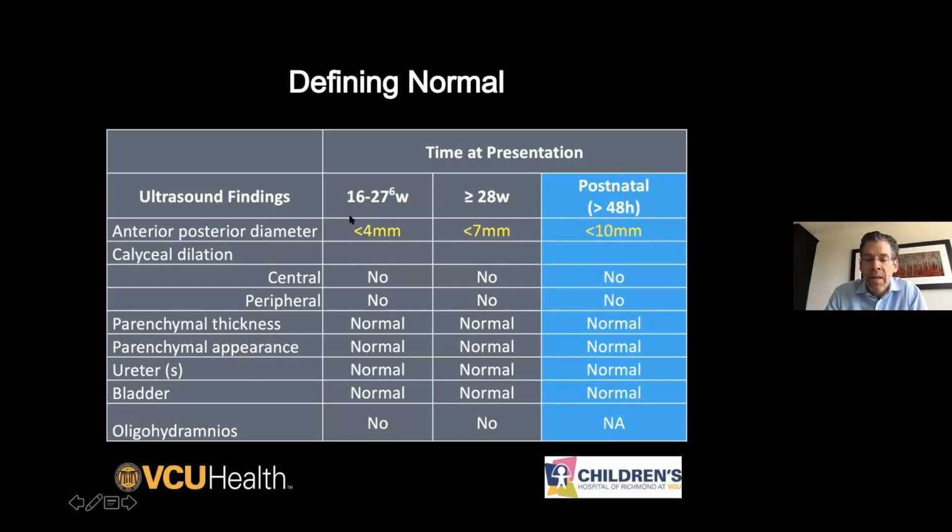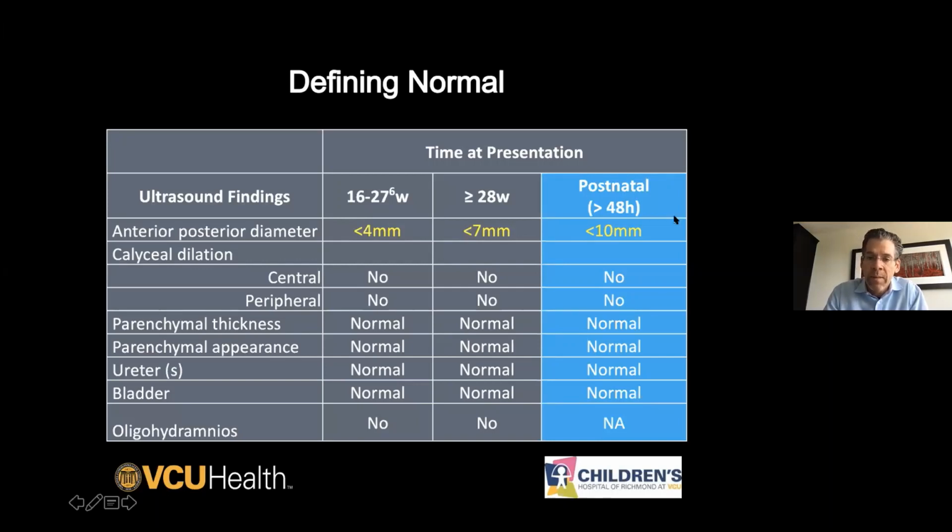We had all this data prenatally on what was normal. This dates back to Crombleholme and folks that looked at this in the early 90s, but we still had nothing postnatally. So this resulted in a lot of testing that was probably done inappropriately with respect to finding a significant outcome that you could change, and created a lot of anxiety for the patients that prompted more testing.